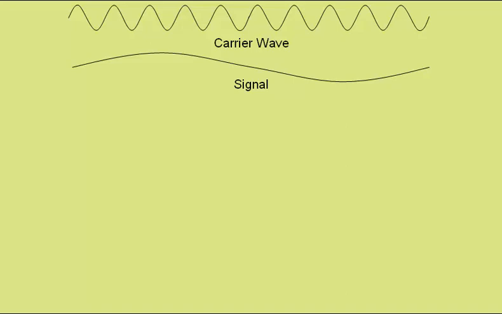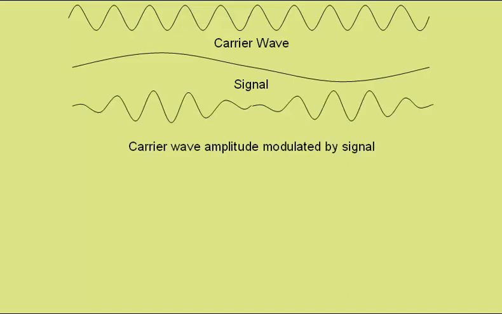What we can do is have a wave like this, where, as you'll see, it has the overall frequency of the carrier wave, but the amplitude is varying in line with the signal. So here the signal has a low amplitude and the combination has a low amplitude. Here the signal has a high amplitude and the combination has a high amplitude.